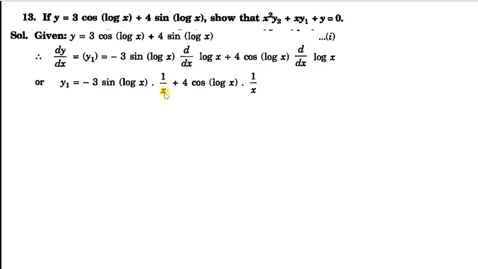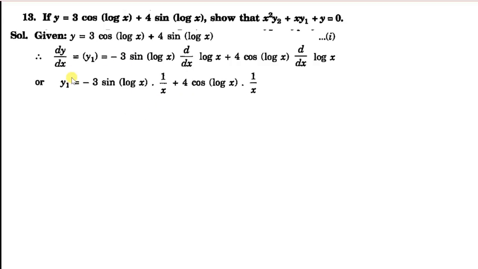Now, after finding the first derivative, be careful at this point. If you have something in the denominator, take it on the other side, and then differentiate it. Don't differentiate at this point. If you take it on the other side, it will be easy to find the second order derivative.